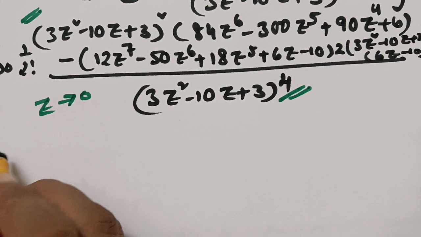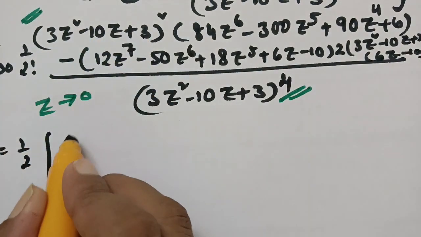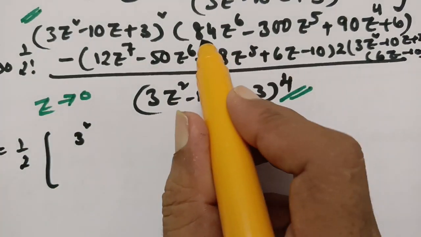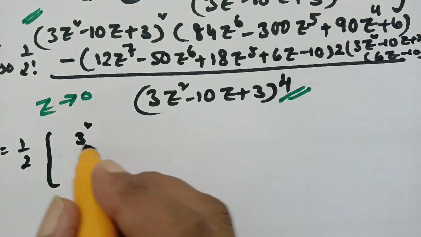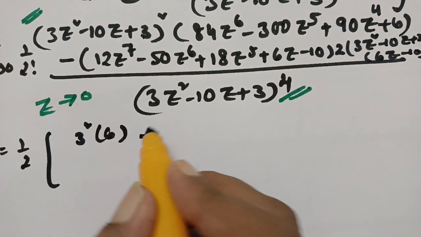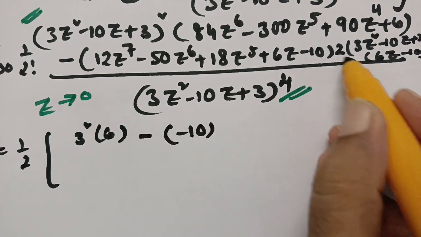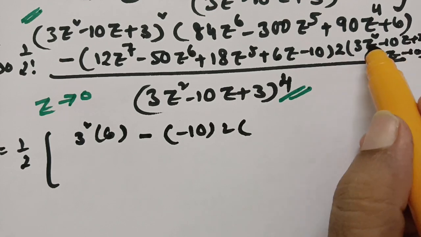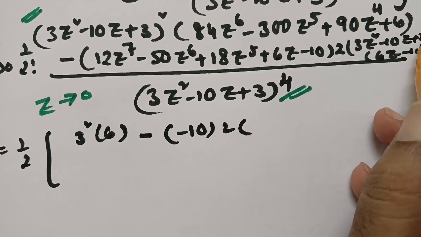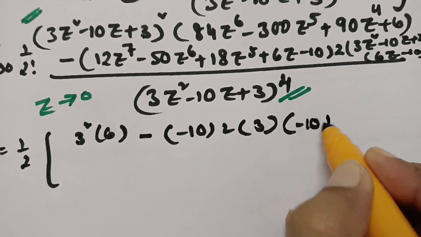So this will be 1 by 2 into, if you see here this is 3 square and here it is z is 0. What remains here? 6. And next one here is minus z is 0, and this is minus 10, and here there is 2, and here if you observe z is 0, and here this is 3 left over, and here this is minus 10.